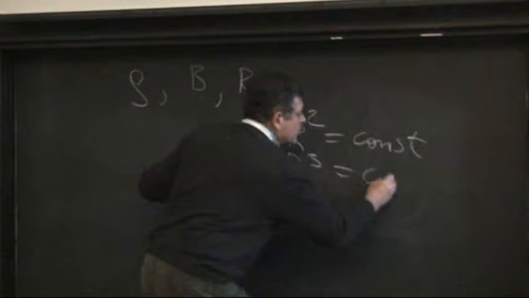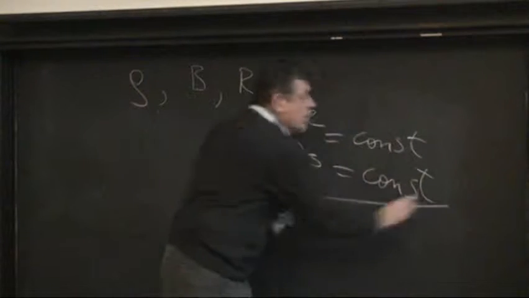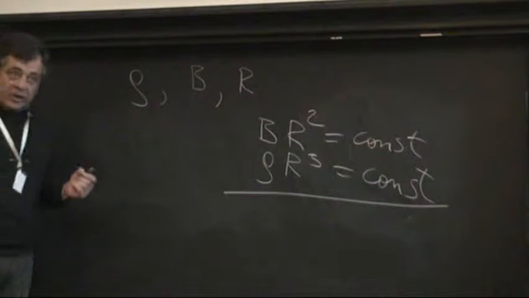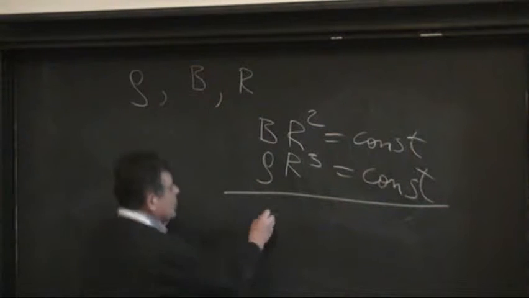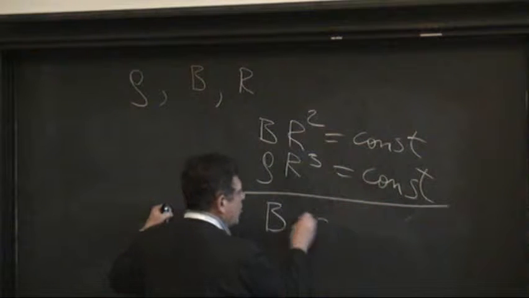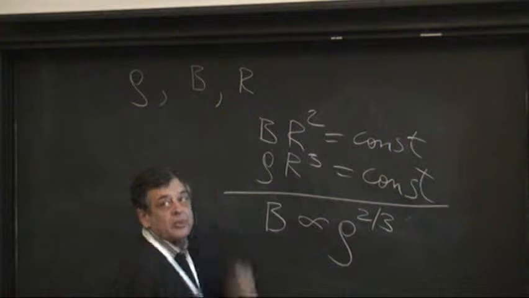must also be constant. From this I immediately get the unique one-to-one relation between density and magnetic field. For spherically symmetric evolution, B will be proportional to rho to the power 2/3. I just eliminate r between them.